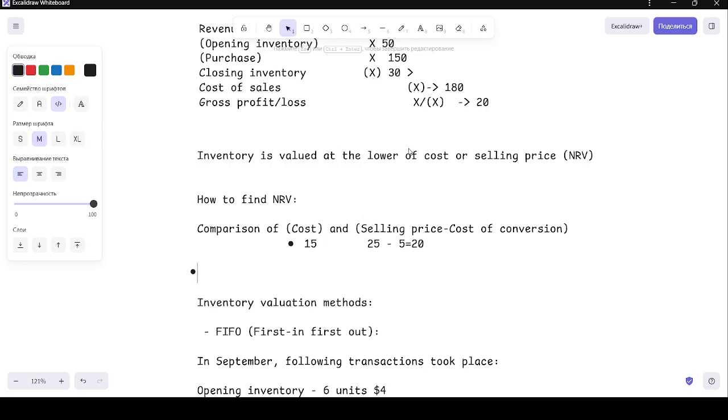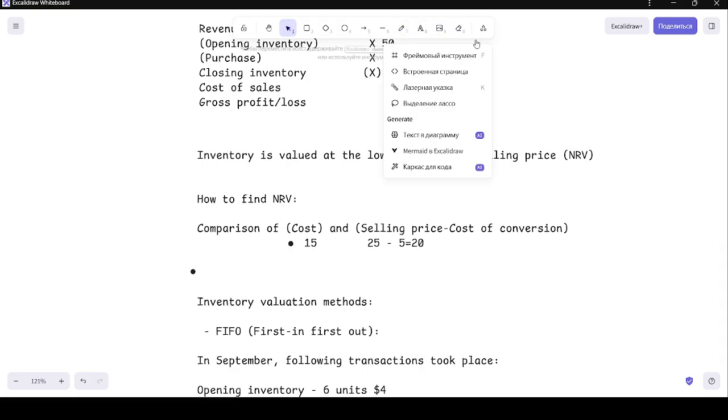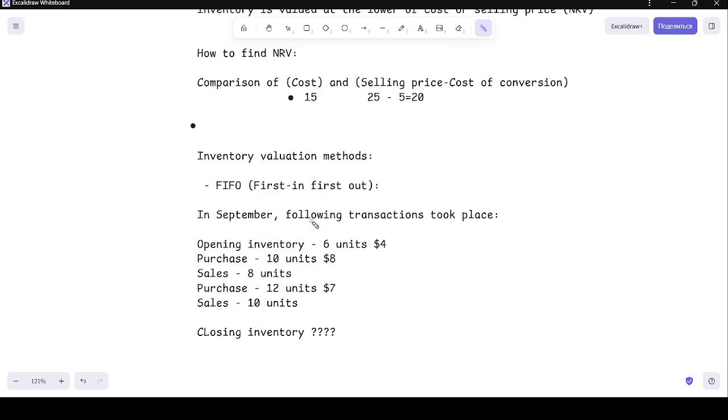For example, if we have 3 products that cost $15 each, its cost will be 3 multiplied by 15, which gives us 45. I think it is so easy, that's why I haven't written it.